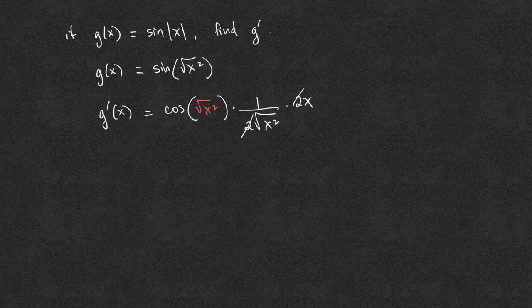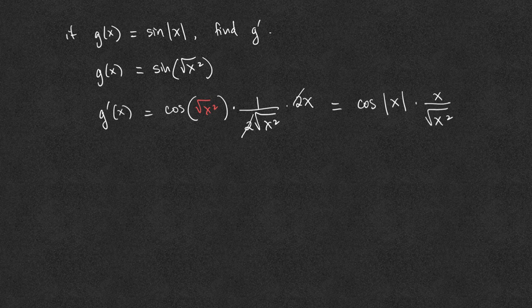We don't have to do this because we found the derivative of the square root of x squared earlier. This is cosine. Remember that the definition of the absolute value is the square root of x squared, so we rewrite it as cosine of the absolute value of x, and then x over the square root of x squared.